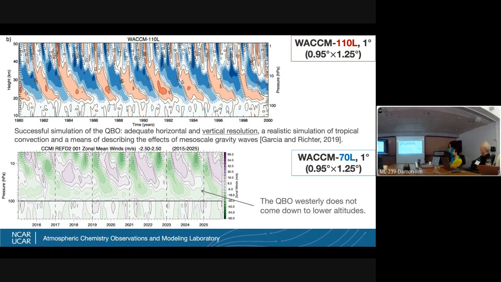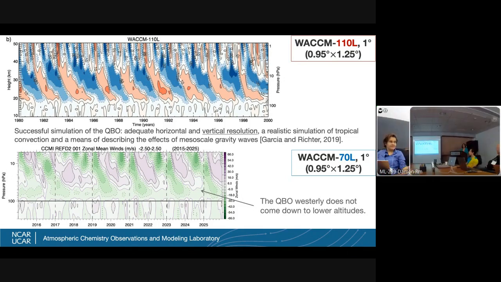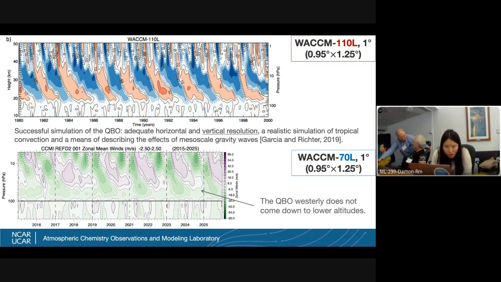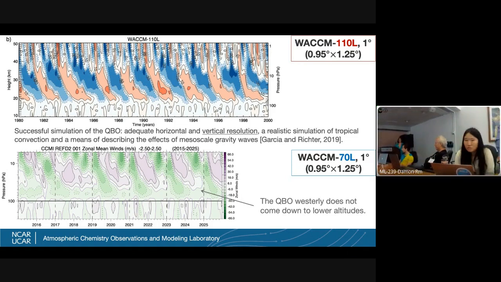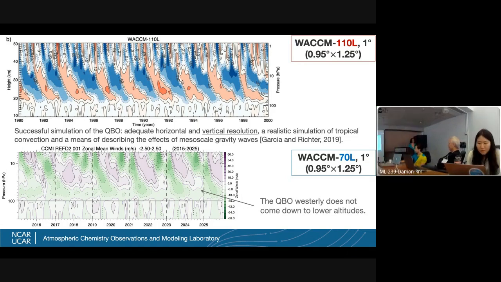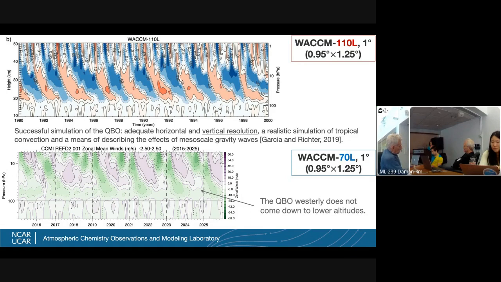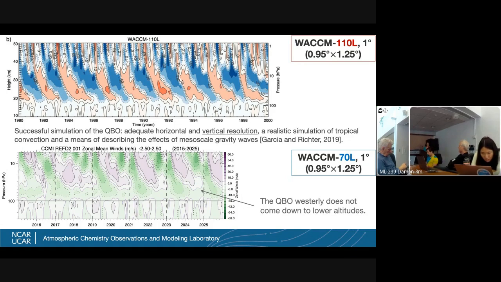And you might wonder then, how can we simulate the QBO successfully? A number of papers talk about what we actually need to get this QBO. A couple of things to remember are adequate horizontal and especially vertical resolution, and the way of simulating tropical convection and subgrid-scale wave forcing, which Eva just talked about.